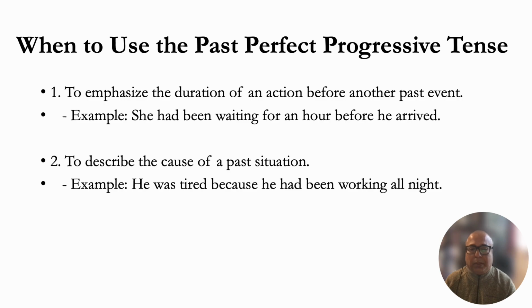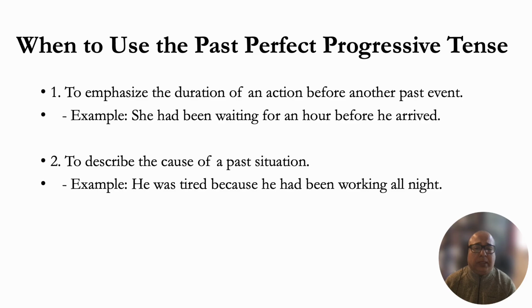So she had been waiting for an hour before he arrived, right? So before this person arrived, another person, in this case she, had been waiting for an hour. So she waited and waited and waited. She had been waiting for an hour. So that's the duration of the action. For how long? An hour. She had been waiting for an hour before he arrived.